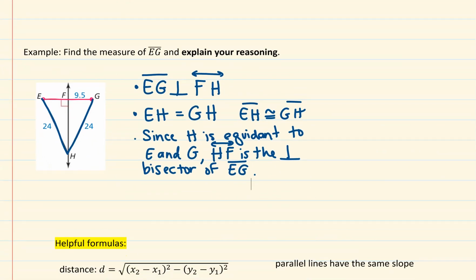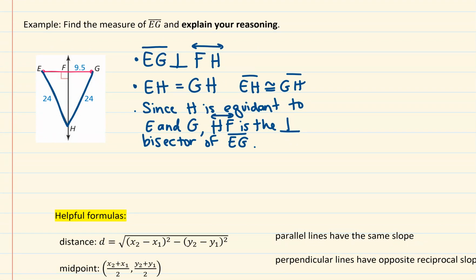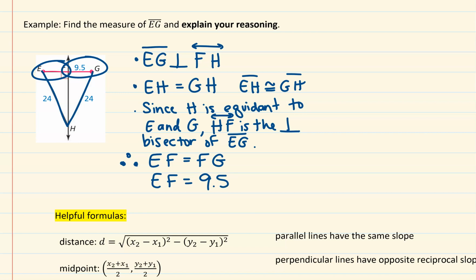Because it's on the perpendicular bisector, we're going to say therefore now. Now that we know that's the perpendicular bisector, we know that EF is equal to FG. And you know that FG has a length of 9.5, so EF has a length of 9.5.